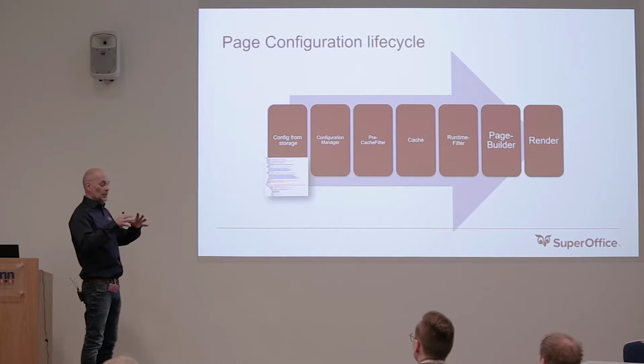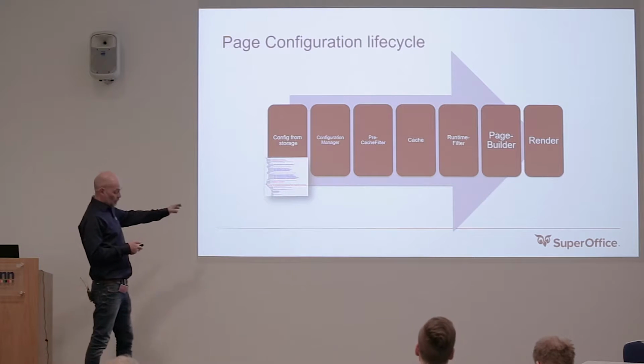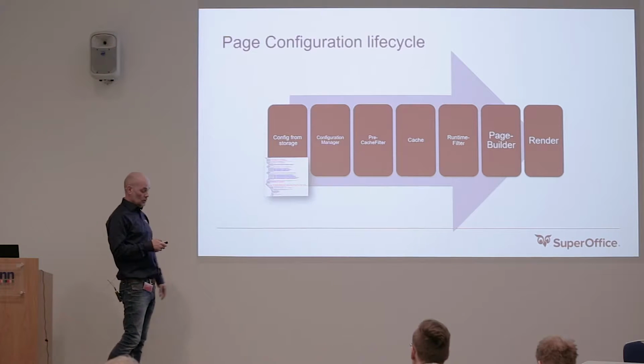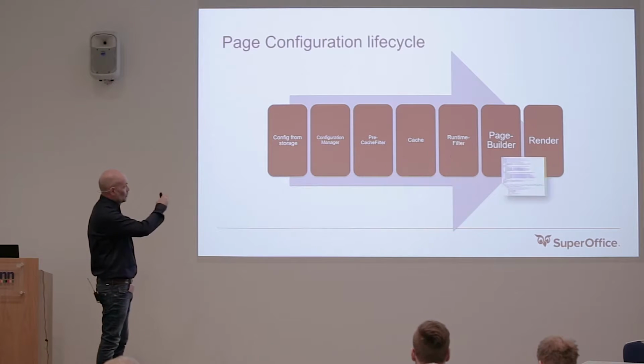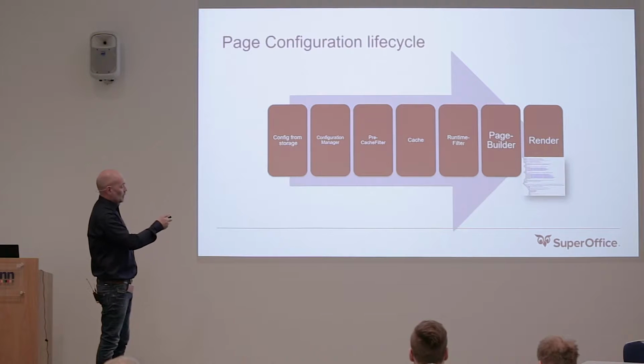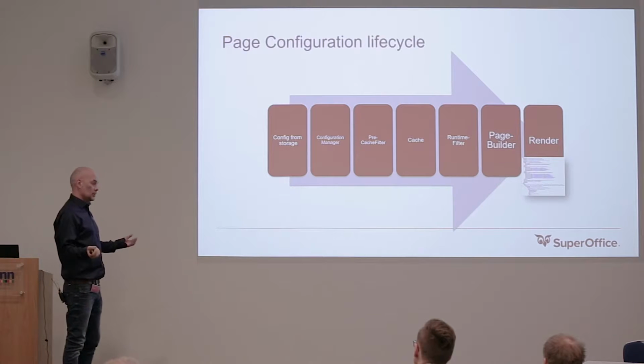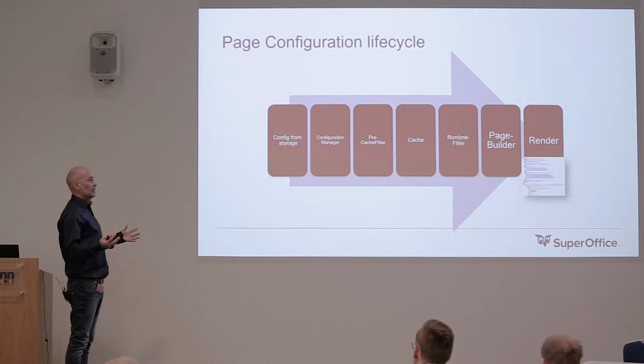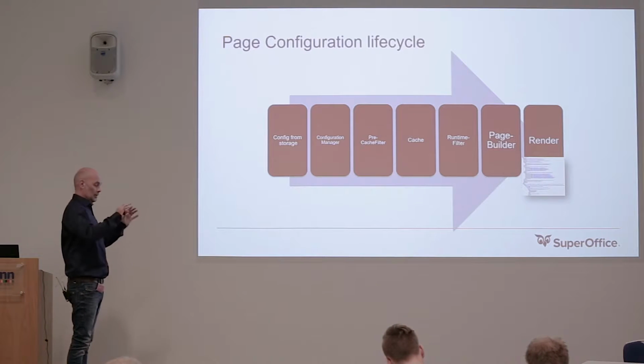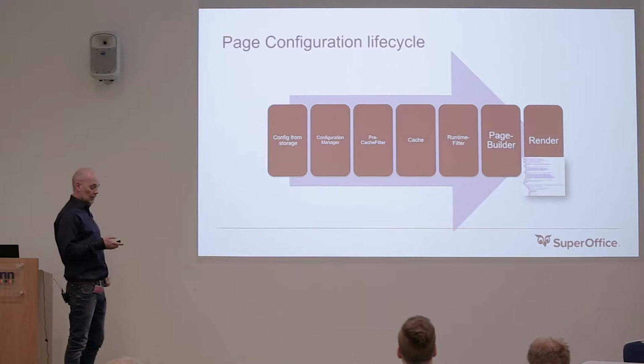So it's building up the configuration. When it goes through all these, it will end up quite different from what you have in the file, because it's going to resolve fragments, it's going to add data-driven UI, it's going to filter away stuff again, because in the context you are looking at, things that are not needed are taken away. I'm going to show you that in more detail later.